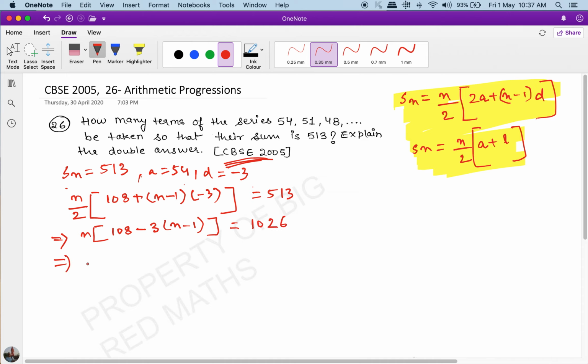Solving this, I get 108n minus 3n square plus 3n equal to 1026.